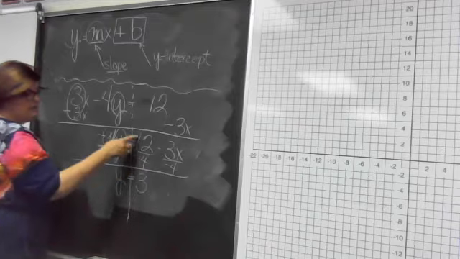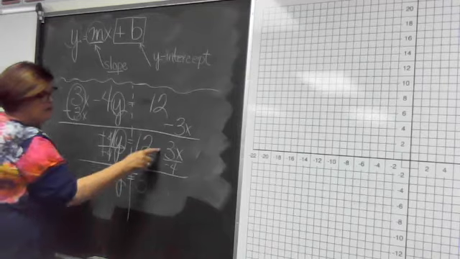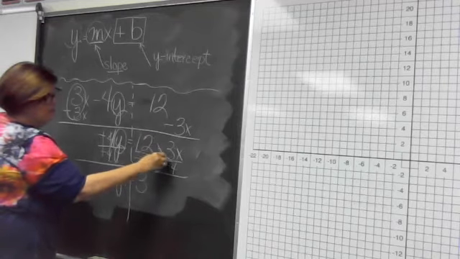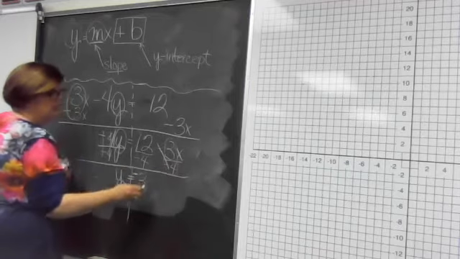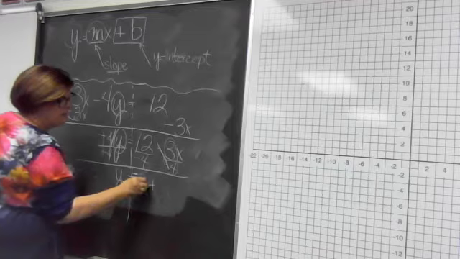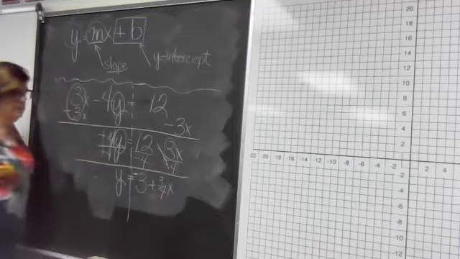But it's a negative because there's only one negative here. And then this minus and a negative cancel each other out, and I have 3/4 x. So when they cancel out, they become a plus 3/4 x.